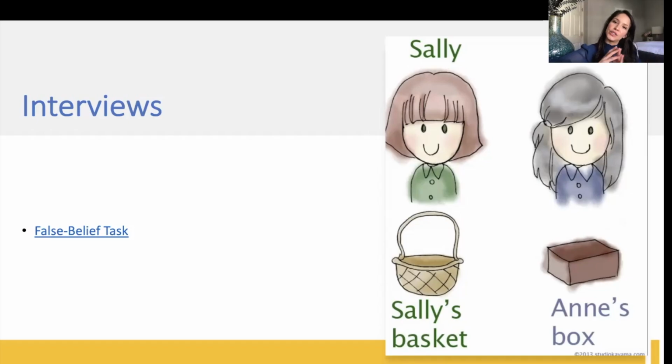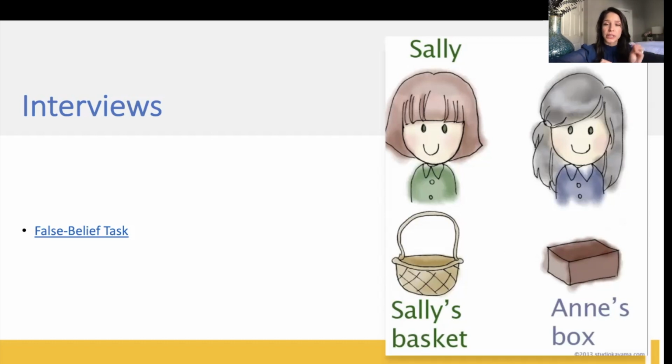They tend to have difficulty holding those at the same time, where 4 to 5-year-olds very easily say, oh, she's going to look in the basket and not the box because Sally wasn't there when Ann moved the marble in the box. And I think I might have mixed that up.